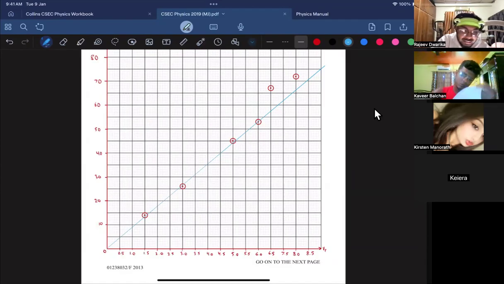The easiest point in this graph is what, Kira? You didn't even have to zoom in to see it. What's the easiest point in this graph? It starts with O. See if you can figure it out. Kira, what's the easiest point to pick from this graph?